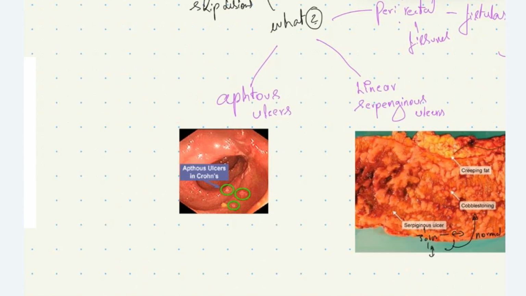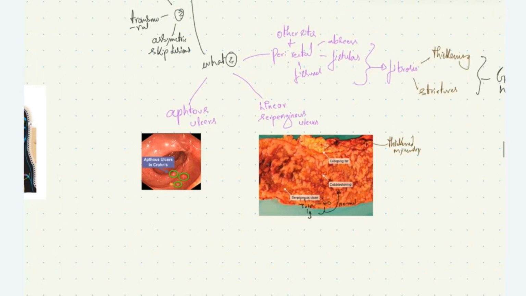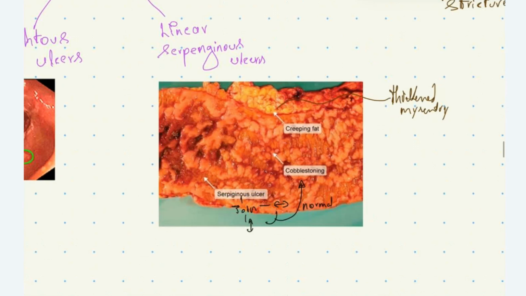In the initial course of the disease, we only see superficial aphthous ulcers. Following that, the patient will develop linear serpiginous ulcers. These linear serpiginous ulcers may fuse horizontally and transversely, leaving behind normal mucosa in between, which is seen as cobblestone appearance.